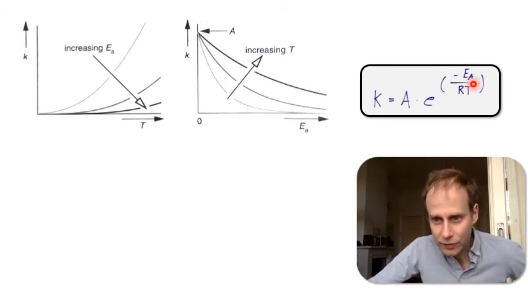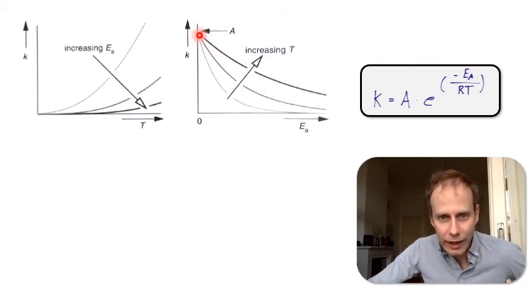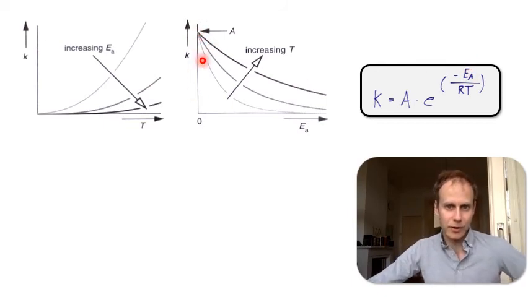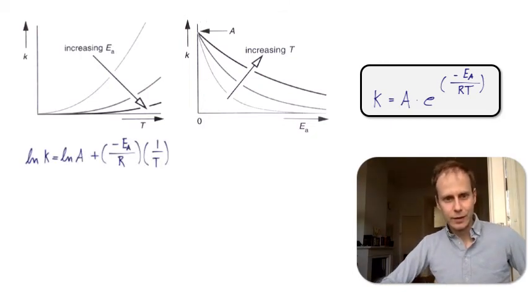And if this expression here is 0, so at very, very low activation energies, you get A as the intercept of the diagram, of the y-axis.